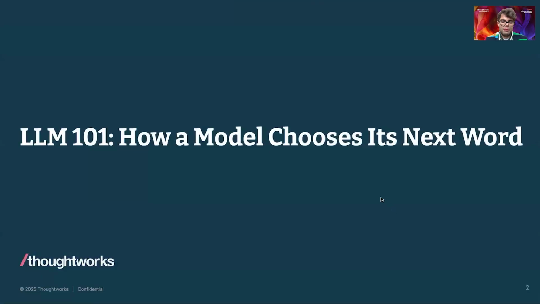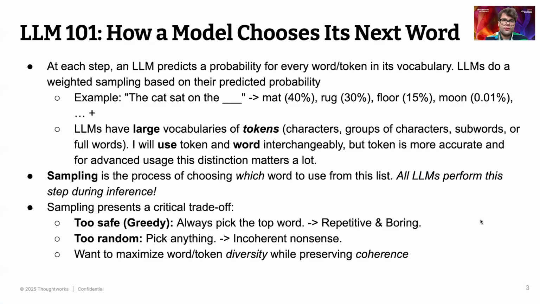Before I even go into what is a sampling algorithm and what is min-p sampling, I have to go through LLM 101 and discuss how a model chooses its next word to set the stage. Formally, when an LLM generates text, it's essentially playing a word by word prediction game.